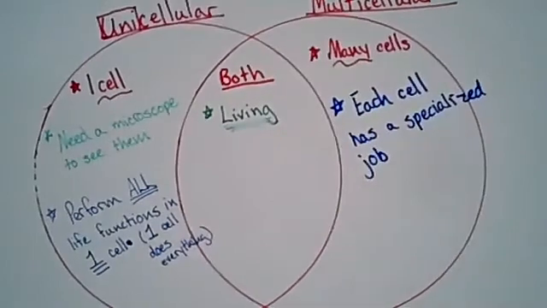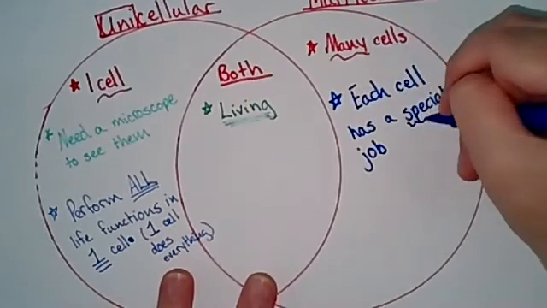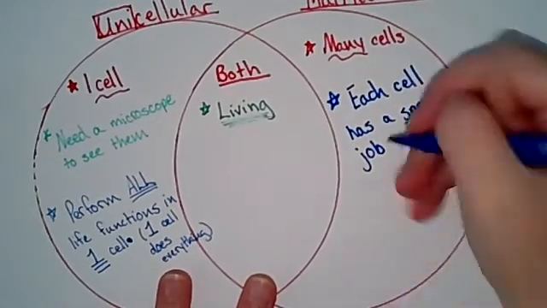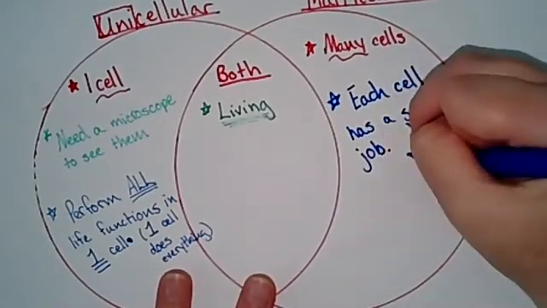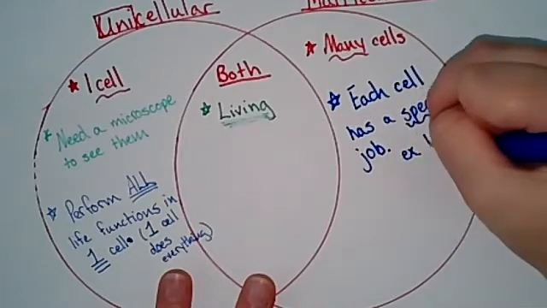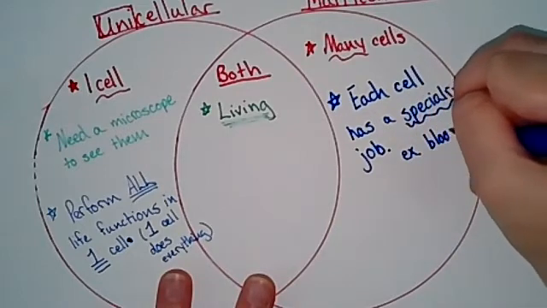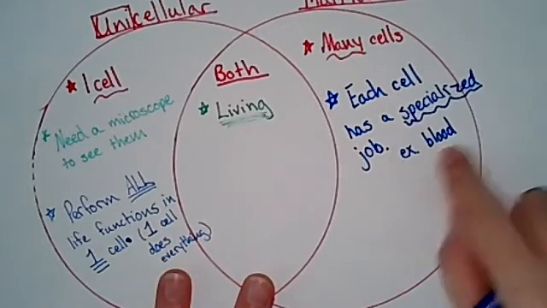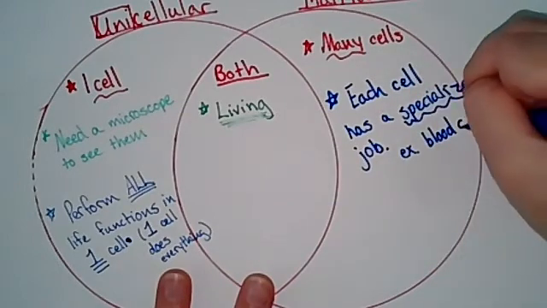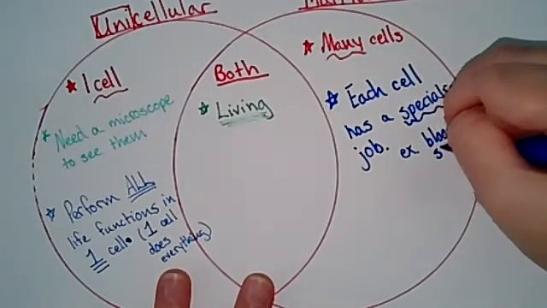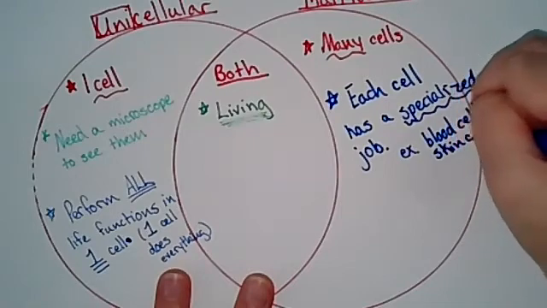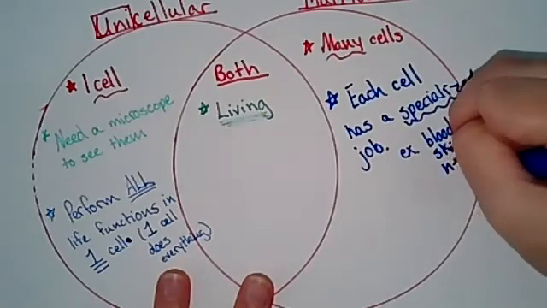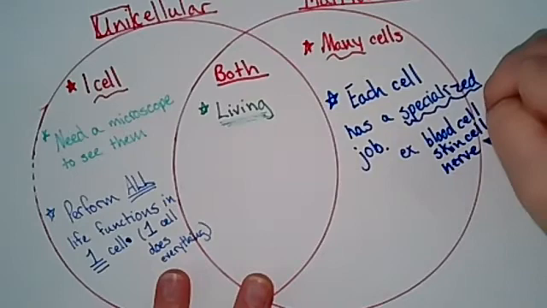So for example, these are like blood cell. Obviously, their job is to deal with blood. So you can write blood cell, skin cell, nerve cell. They all do different things.